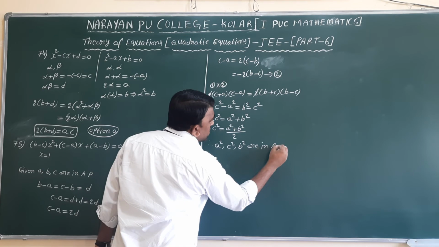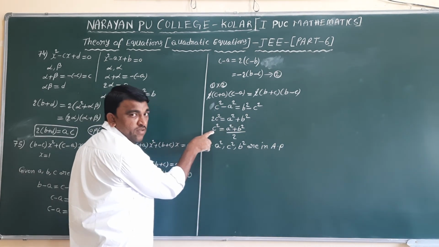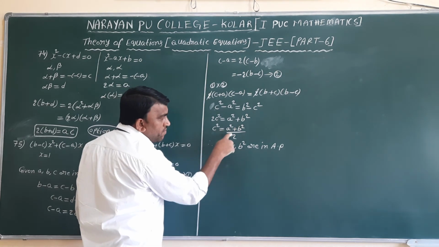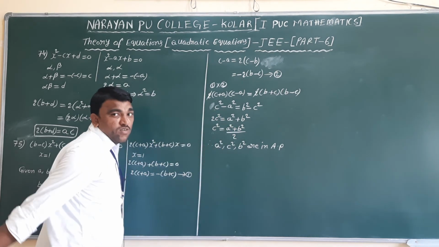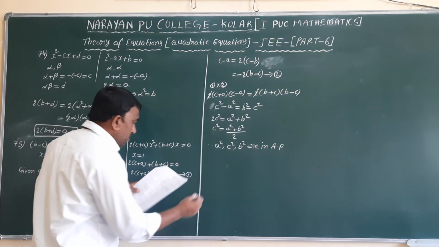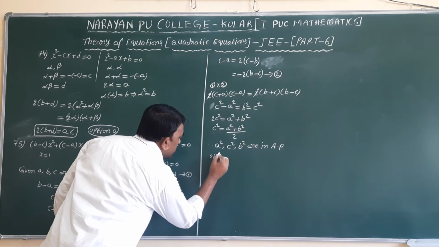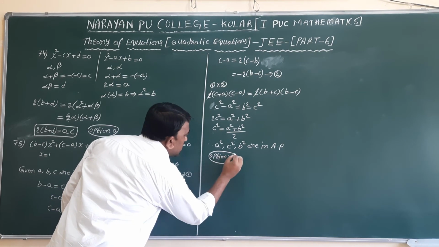Now don't confuse, here instead of AB square, c square is the middle term. Middle term equals the sum of extremes divided by 2. Here the extreme terms are a square, b square, and the middle term is c square. So a square, c square, b square are in AP. So option A is the correct one.